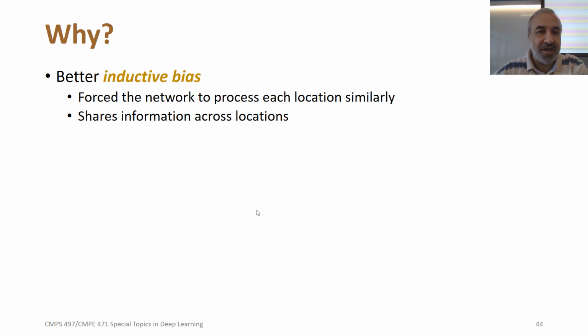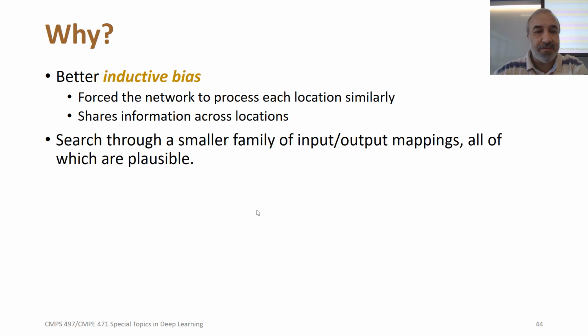So the intuition here is that we have a better inductive bias. The inductive bias, which is about the structure and the design and the assumption of the convolutional network, forces the network to process each location similarly, share the information, and search across a much smaller parameter space.